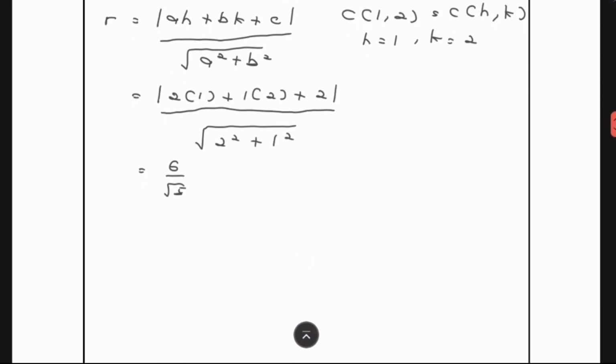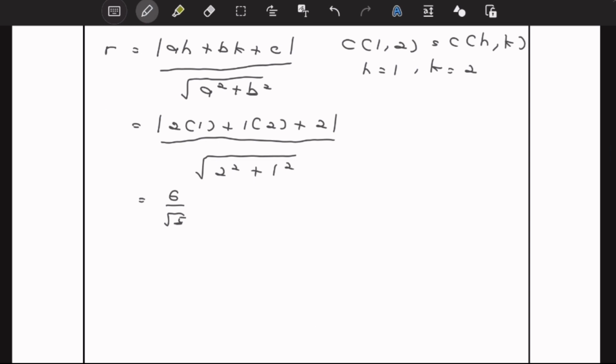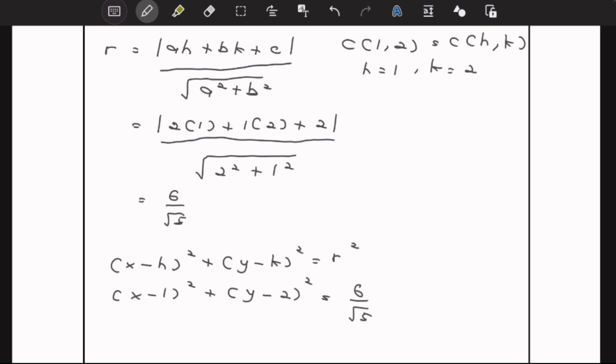It is easier for us to use the standard equation for the circle. The standard equation is (x - h)^2 + (y - k)^2 = r^2. Substitute everything: (x - 1)^2 + (y - 2)^2 = (6/5)^2.